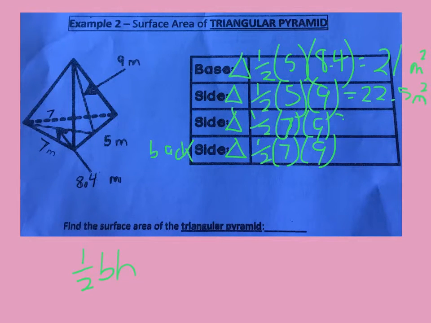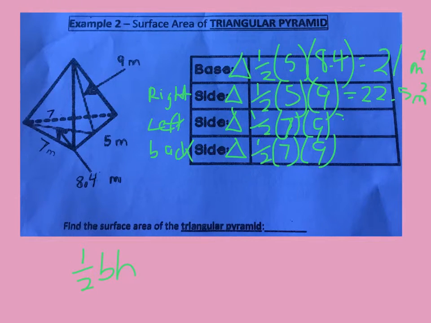I forgot to label these. The one we found first, this one right here, I could have called the right one, and this one the left one. So I'm going to go back and label this one. This I would call the right side triangle, and this one was kind of on the left. So the left one and the back triangle are going to be exactly the same area, because they have the same base and the same height of 9.